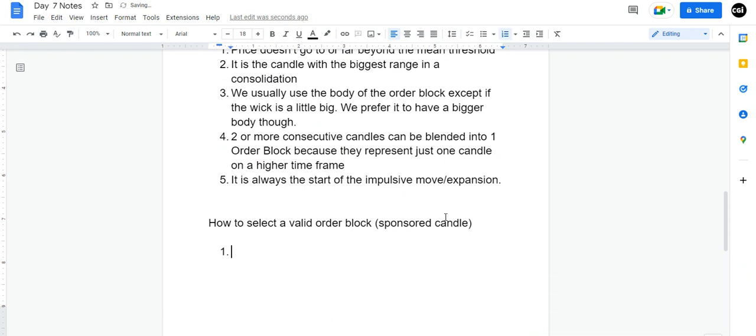Number one, it induces liquidity, or mitigates another order block that induces liquidity.